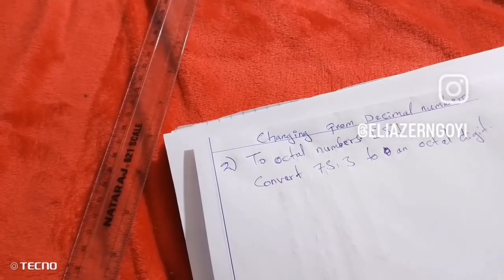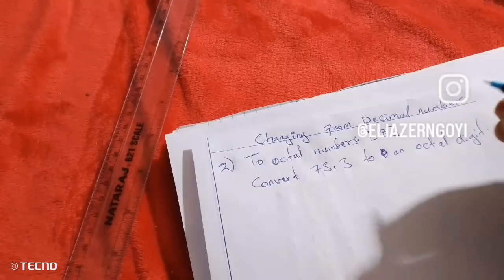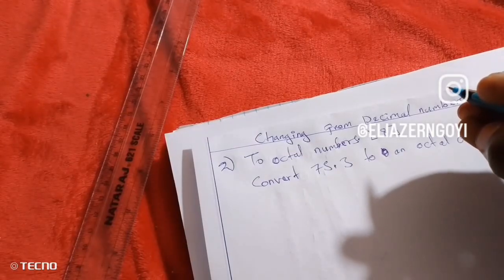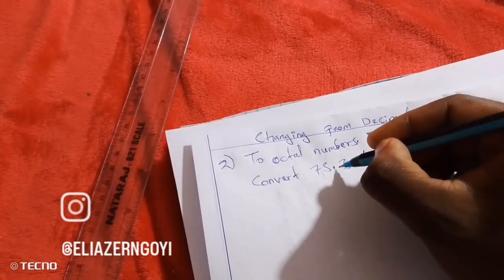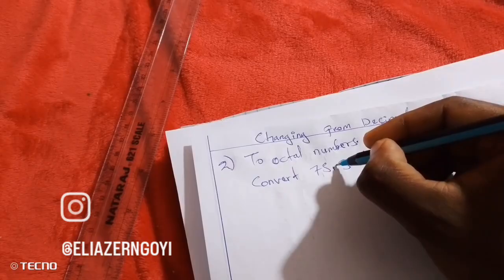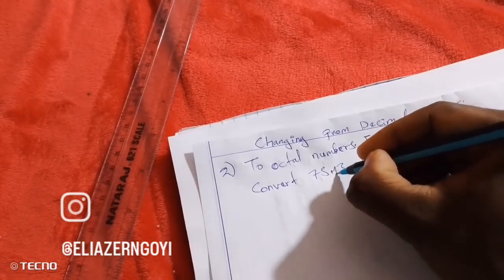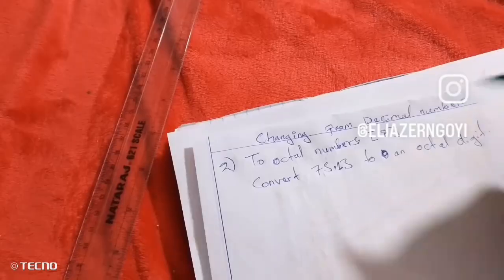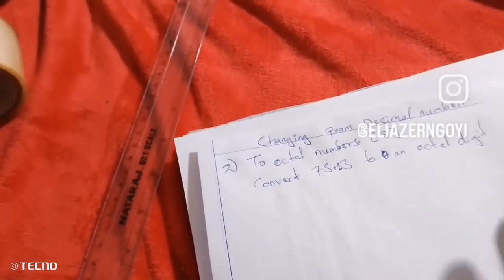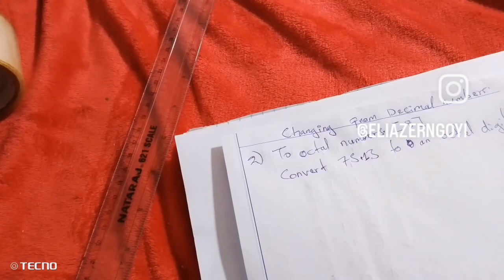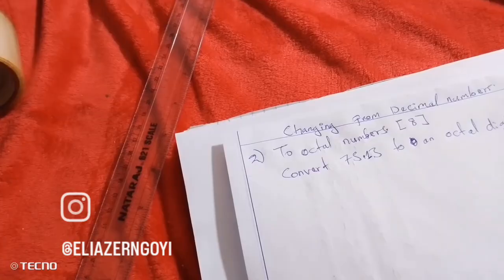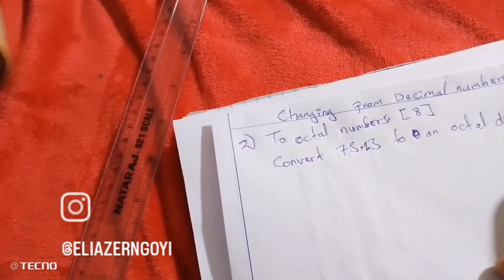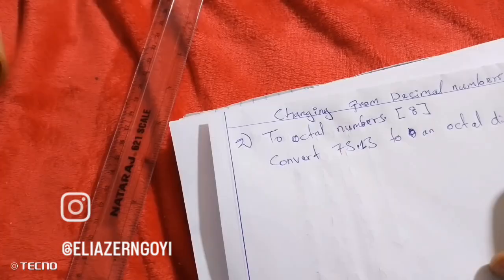I think 0.3 is very simple, so let me add some other numbers to make it more interesting. Let me put 75.13, to be better. So, changing 75.13 to an octal number. How do you change 75.13 to an octal number?